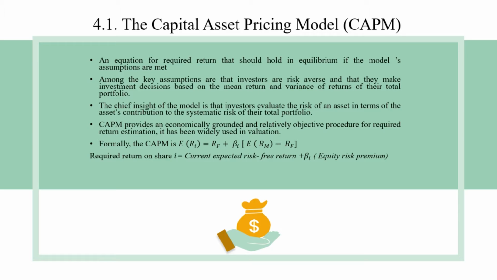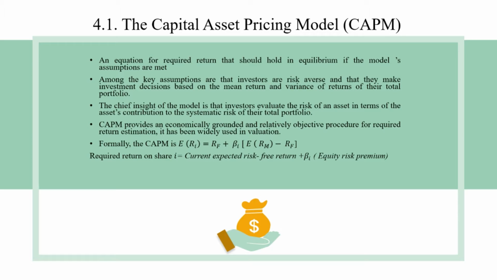The capital asset pricing model is an equation for required return that should hold in equilibrium if the model's assumptions are met. Among the key assumptions are that investors are risk-averse and that they make investment decisions based on the mean return and variance of return of their total portfolio.